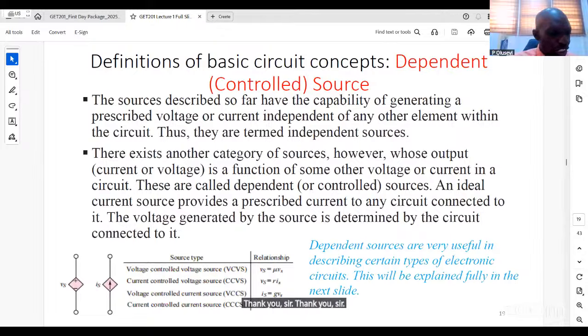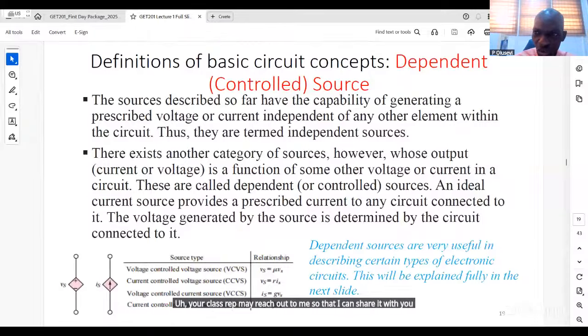So we meet next week again. However, please go and download the textbooks. If you cannot download, I have a downloaded copy. Your class rep may reach out to me so that I can share it with you.